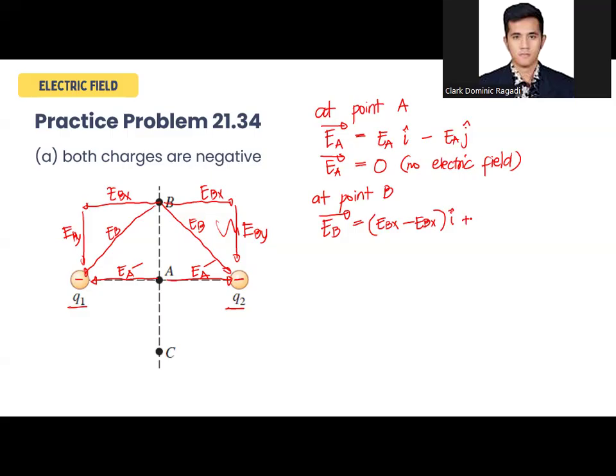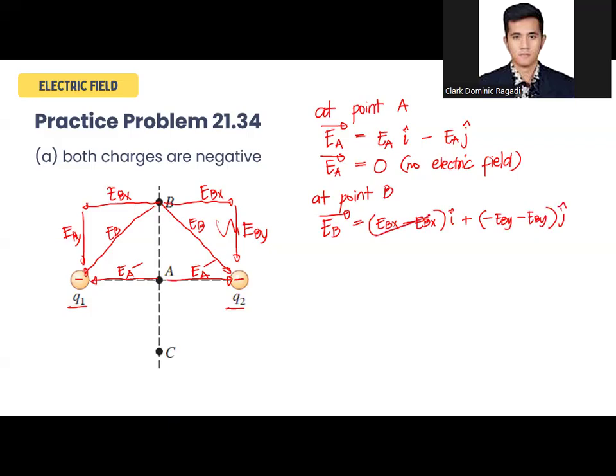And then for the y components, looking at both, we can observe that EBY for Q1 and Q2 are both going down. So it is negative EBY minus EBY. Don't forget the unit vector, j hat.